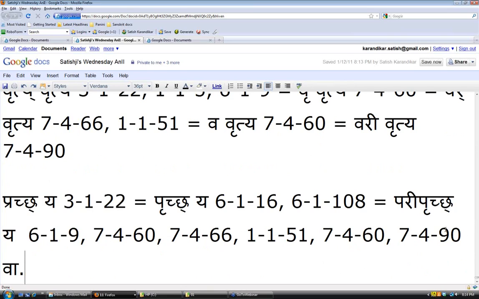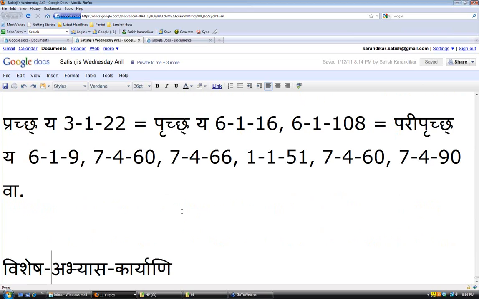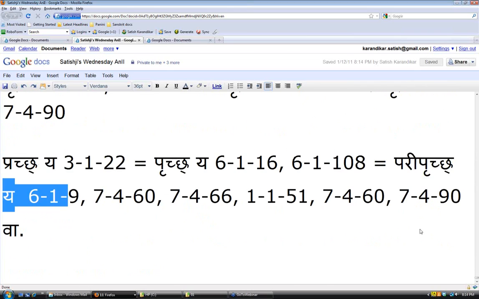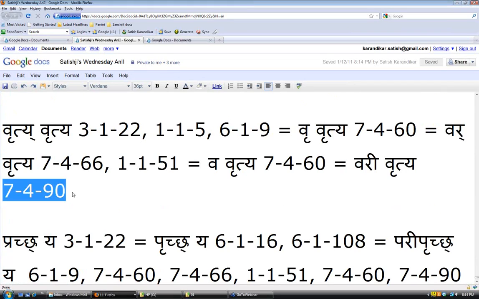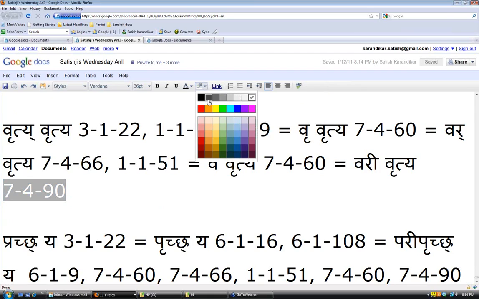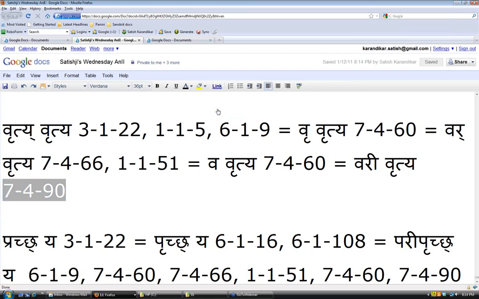Satishi? Yes, sir. Can you please explain the samprasaranam coming in the picture there? Is it because of the yakara? No, because the kavarga panchama is an it. I'll go back to this. Let me just highlight these ones. What happens is that with this set of 9 dhatus, with graha etc., up to prichati, vrijjati, these 9 dhatus take samprasaranam when the pratyaya is either a kit or a ngit pratyaya.